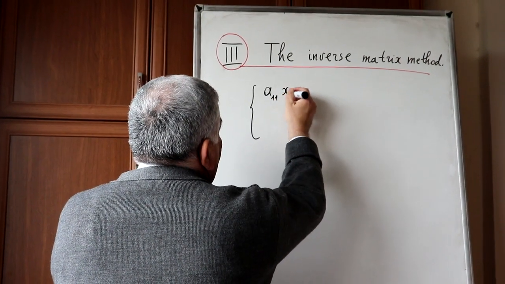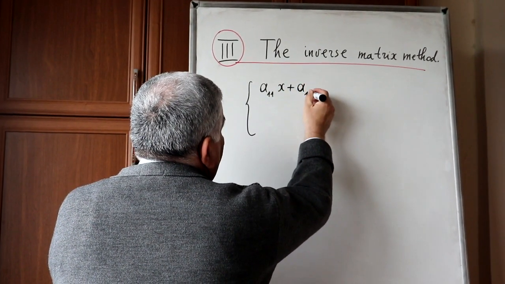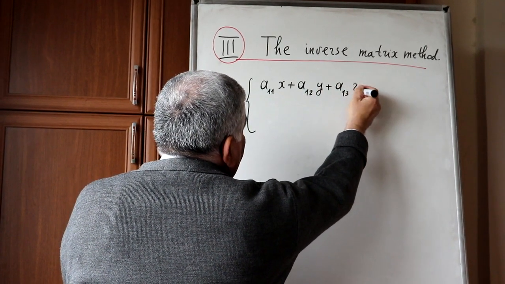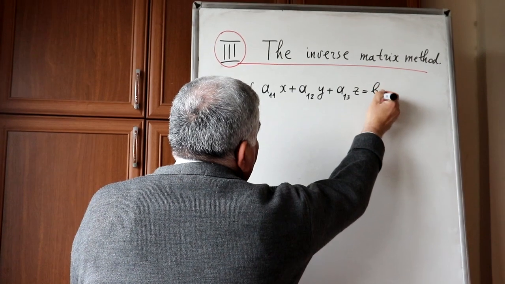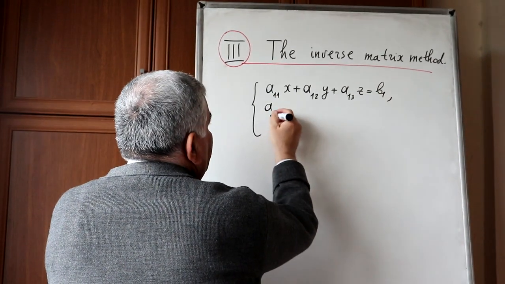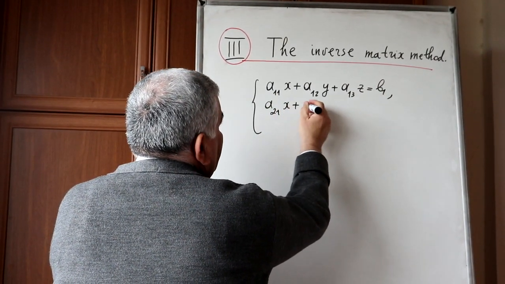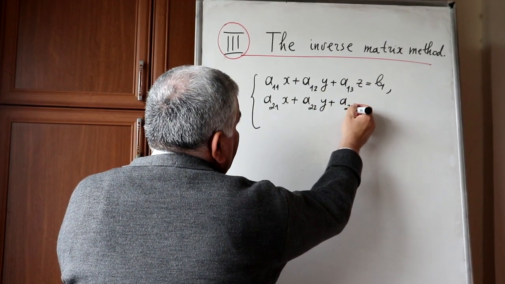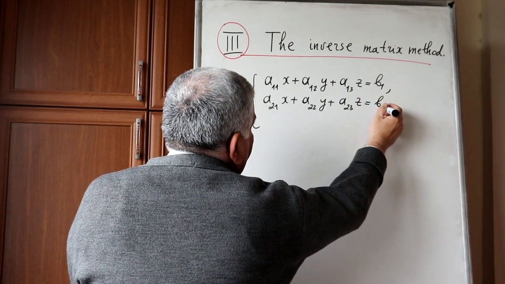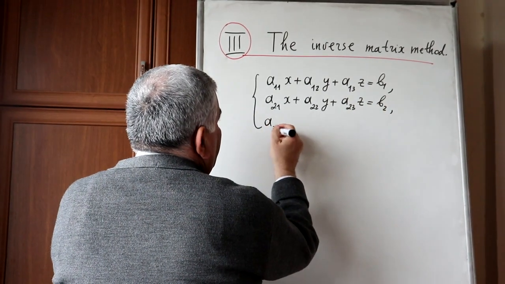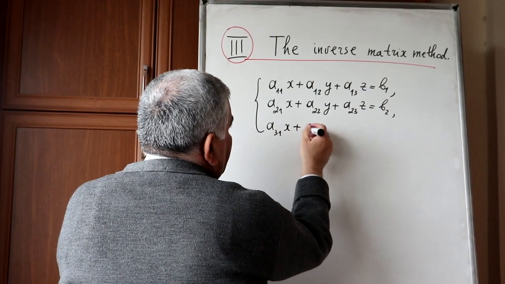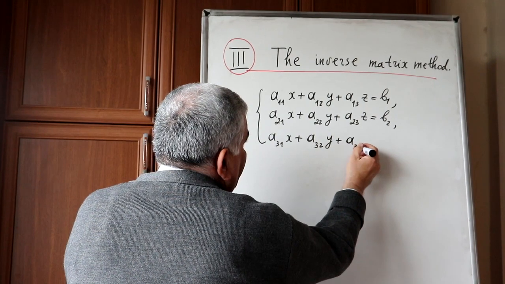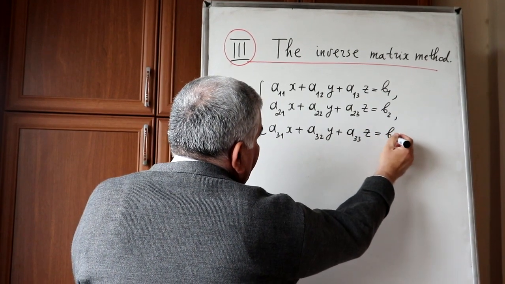a11x plus a12y plus a13z equals b1, a21x plus a22y plus a23z equals b2, a31x plus a32y plus a33z equals b3.